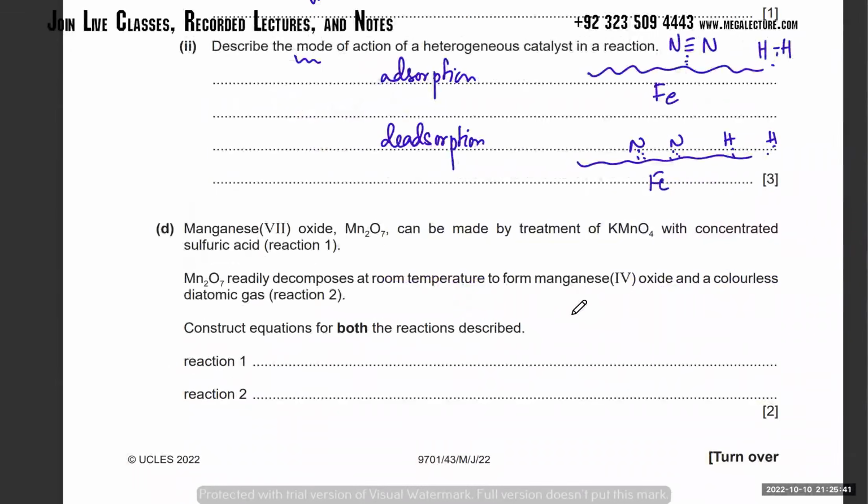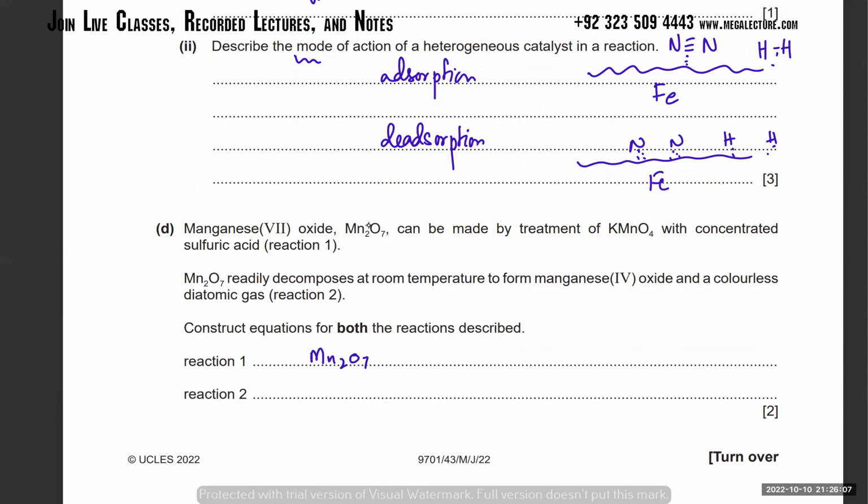Now, he's saying manganese 7 oxide can be made by treatment of KMnO4 with concentrated sulfuric acid. Mn2O7 readily decomposes at room temperature to form manganese 4 oxide and a colorless diatomic gas. Construct equations for both the reactions described. First one, manganese 7 oxide, Mn2O7.